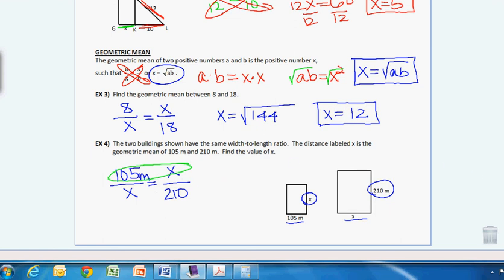From here we can cross multiply and find that X squared equals 105 times 210, which is 22,050. Then we take the square root. X is about 148.5 meters, because I'm rounding.